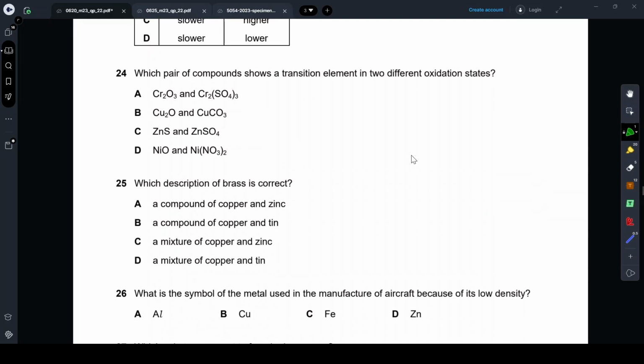Which pair of compounds shows a transition element in two different oxidation states? B. Yeah. All right, so this is copper 1, this is copper 2.